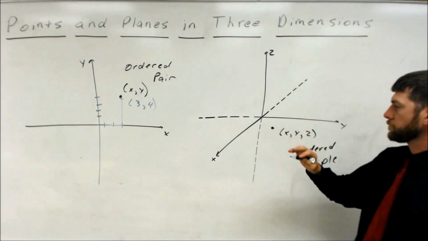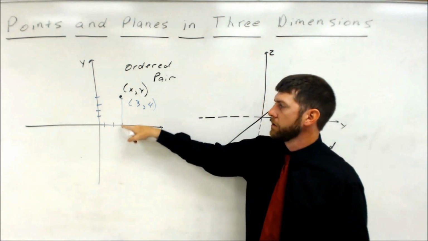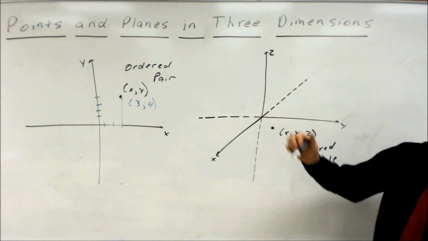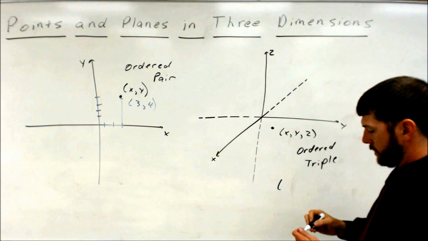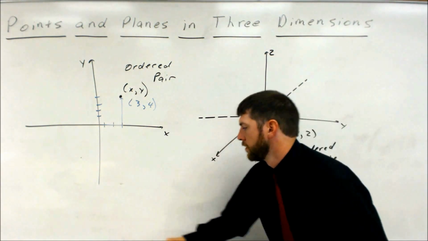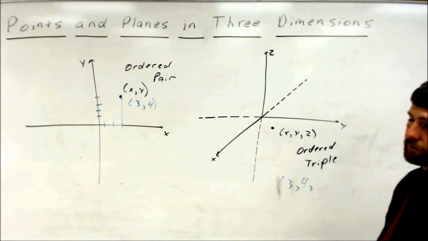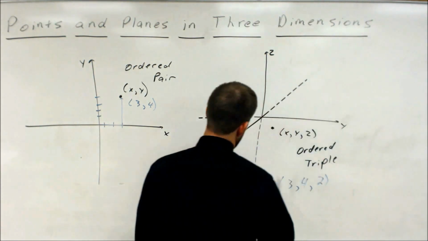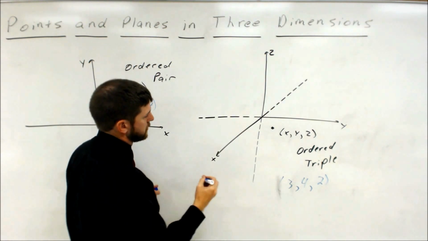Now, since this is more difficult to see, we really do have to do these directional arrows to tell me where I'm going. So if we're doing, say, 3, 4 again, so say I want to graph the point 3, 4, and give it a height of 2, we need to move 3 units along the x-axis.